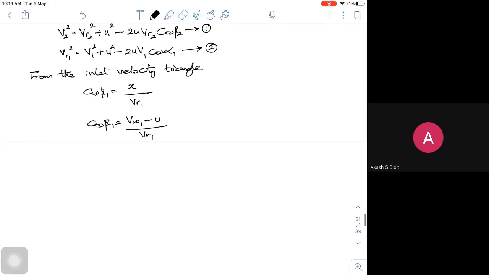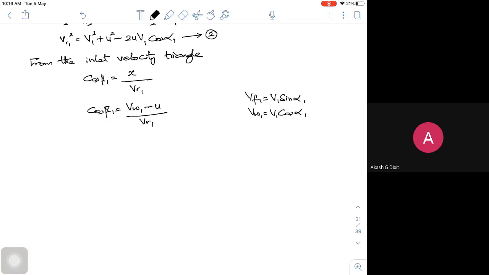What is my VW1? VW1 is the tangential component of the velocity. So VW1 is equal to V1 cos alpha 1. At the same time, Vf1 is equal to V1 sin alpha 1. We know this formula. So I can write cos beta 1 is equal to V1 cos alpha 1 minus U divided by VR1.